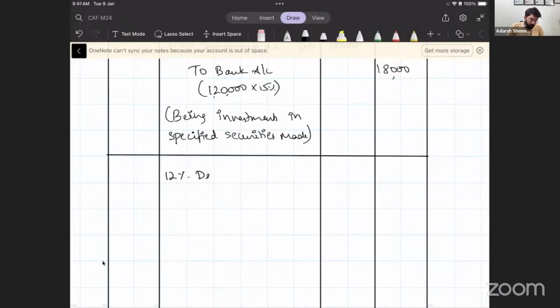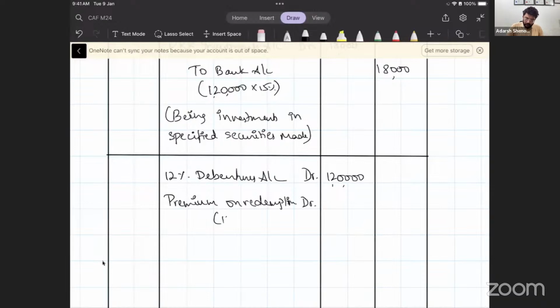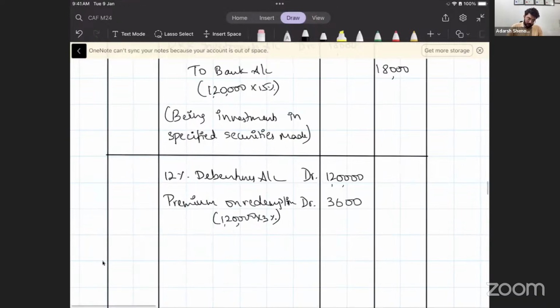12% debentures, 12% debentures, no. 1,20,000. Premium on redemption: 3% on 1,20,000, correct, no? 3,600 to debenture holders.